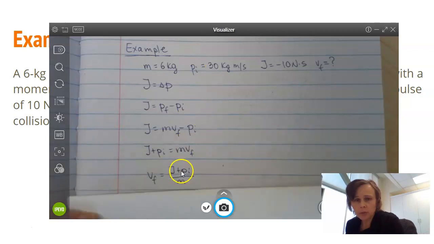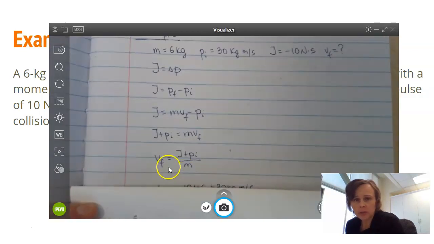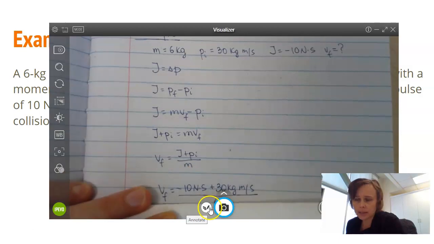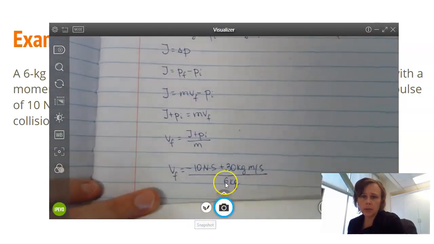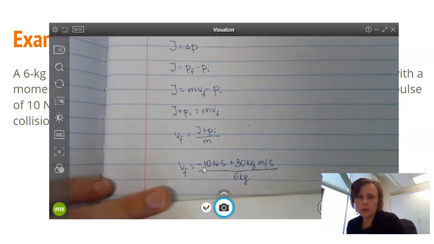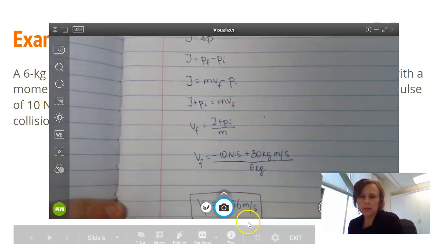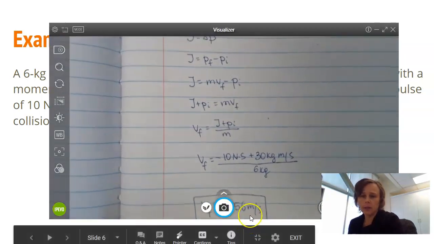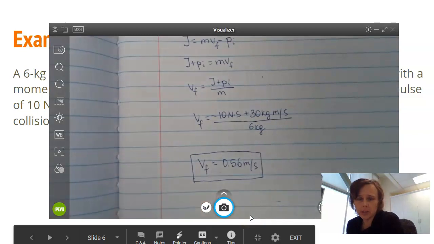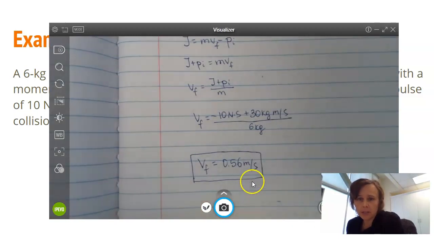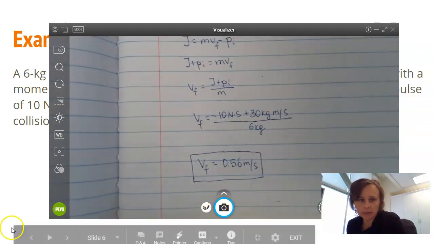Then we do some algebraic manipulations to find the final velocity, which is impulse plus initial momentum divided by the mass. When we plug in the numbers, we use the negative sign for the impulse, and we calculate that the final velocity is going to be 0.56 meters per second east, which is positive.